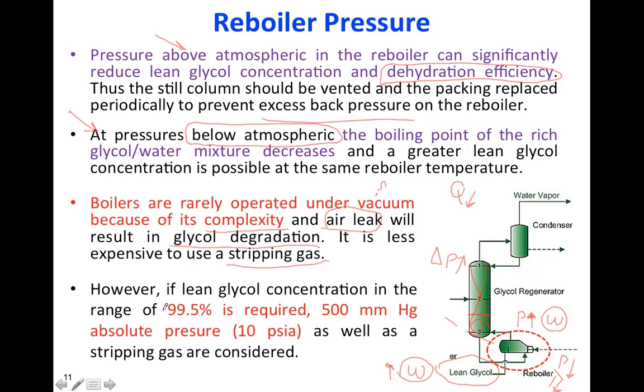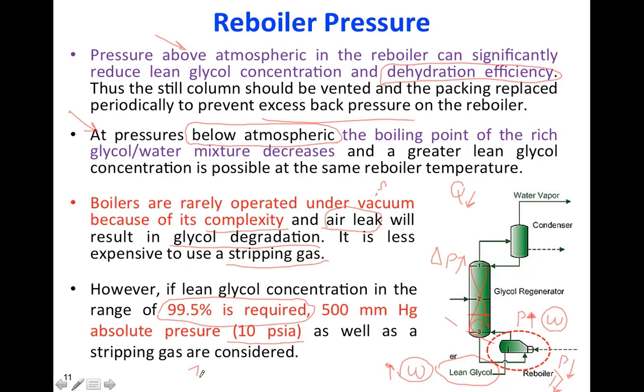However, if we really need a pure glycol, pure meaning 99.5 percent or something like that, sometimes we can work in vacuum. Which vacuum? A pressure of 500 millimeters of mercury absolute, or 10 psi absolute.